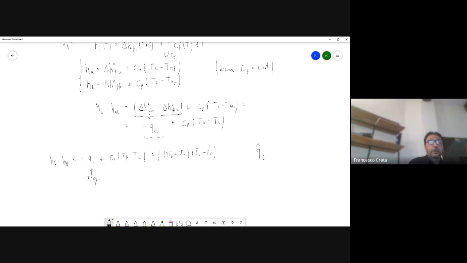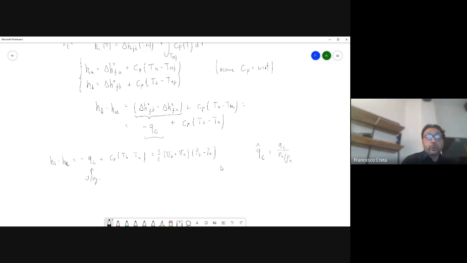We're going to have to transform this relation into non-dimensional variables. There's going to be a QC hat, which is the non-dimensionalized version of QC, which is QC divided by Pu over rho u.